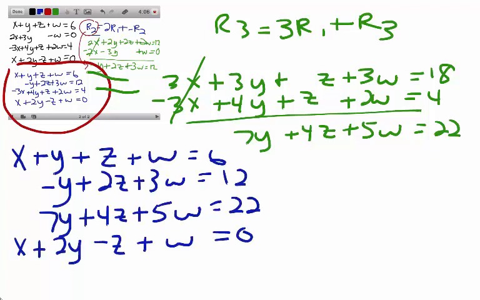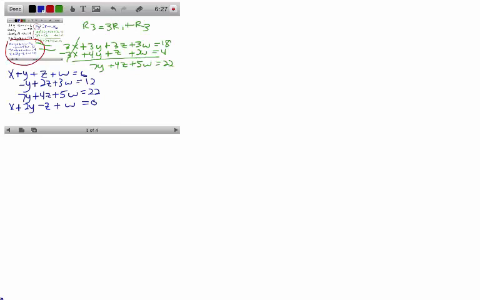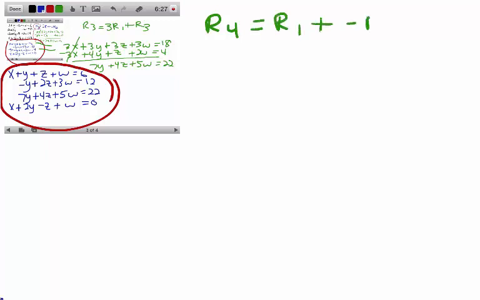So with our new system, we proceed to our next row operation. Looking at our most recent system, our next step is to take row 1 plus negative row 4 and store it in row 4. So we have row 4 is equal to row 1 plus negative row 4.